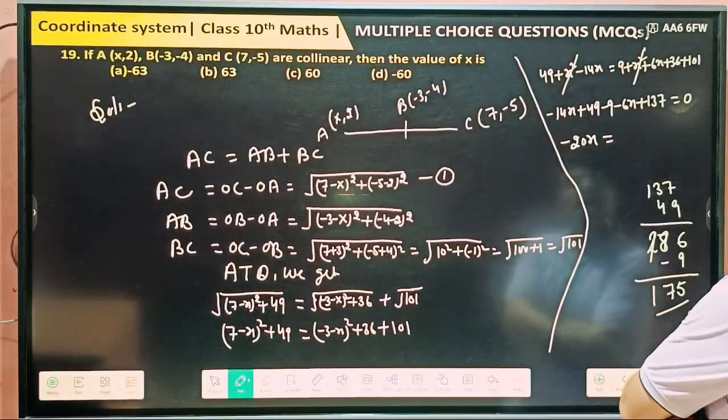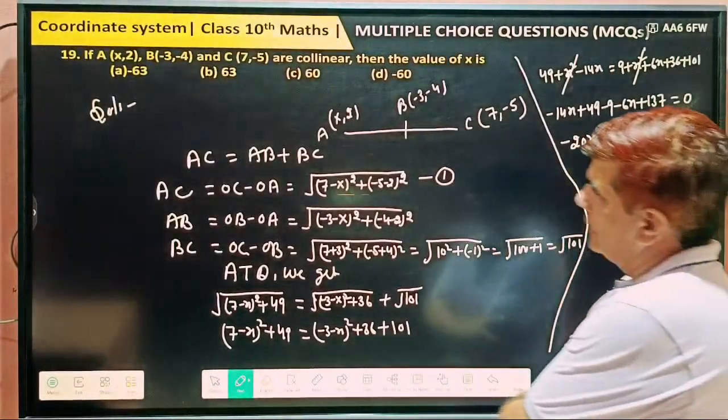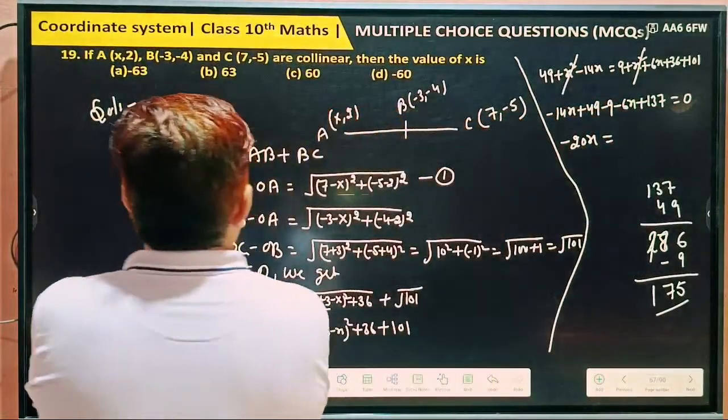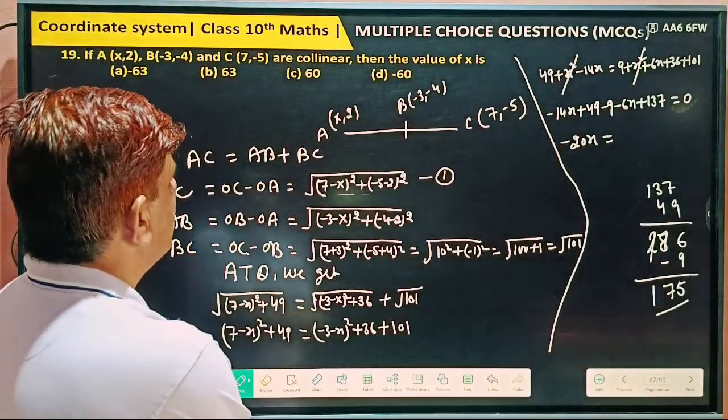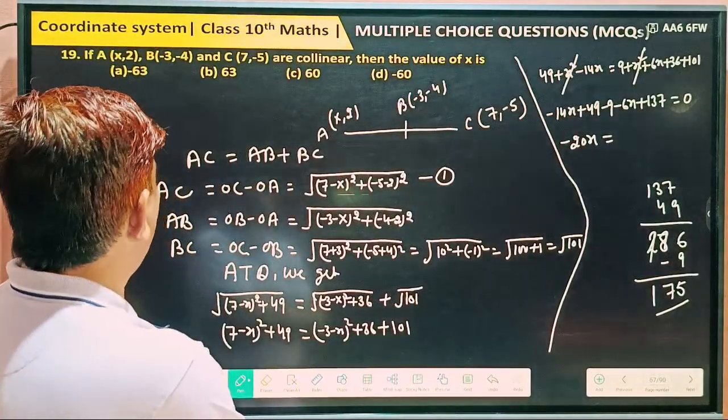14x, 6x. So it creates a problem. AB plus BC.